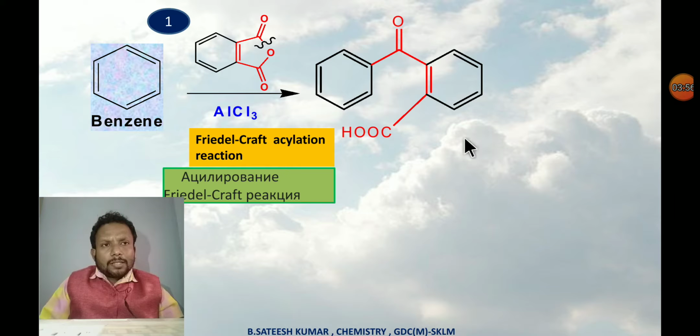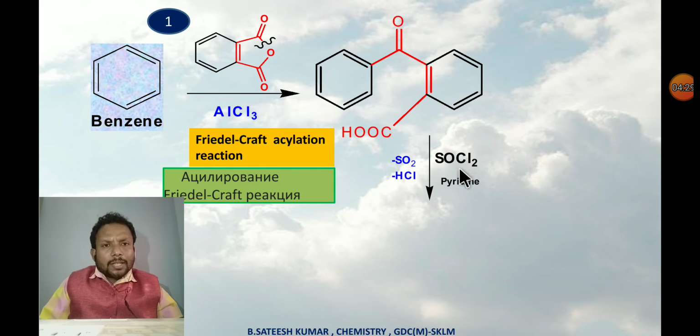This skeleton is the phthalic anhydride skeleton. So benzene is involved in electrophilic substitution, that is called acylation. A new bond forms between this carbonyl carbon and benzene. On the other side a carboxylic acid group is there. So this is called a keto acid compound. We will get this reaction.